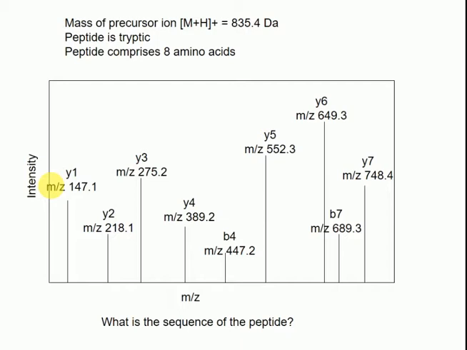And the peptide comprises 8 amino acids. So from this, you should be able to work out what the sequence is. I'm going to let you do that for a few minutes and see how you get on, and then we'll go through it. But you will need that sheet that I've handed round, which has got the masses of the amino acid residues on.